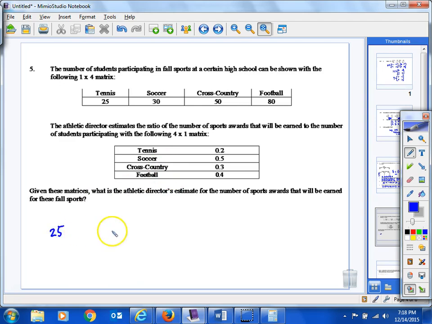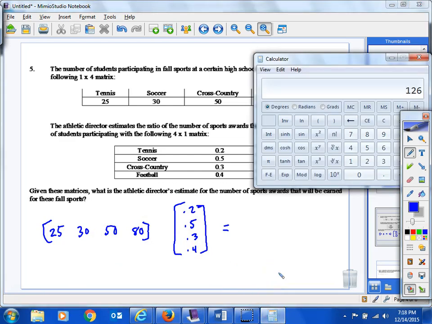This 1x4, which represents the number of participants, times this 4x1, which represents the estimates of people getting awards. And it's just another exercise in multiplying matrices together. So 25 times 0.2 is 5.